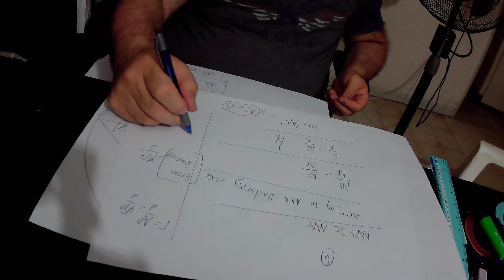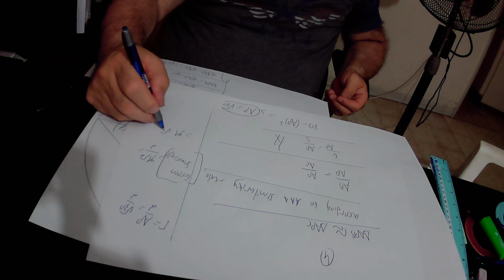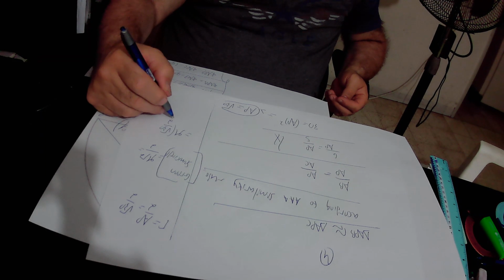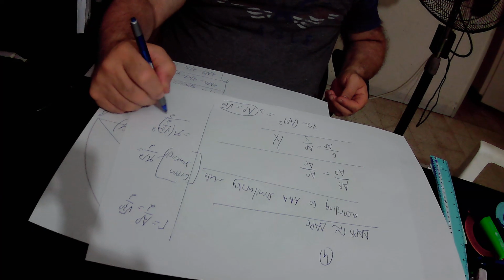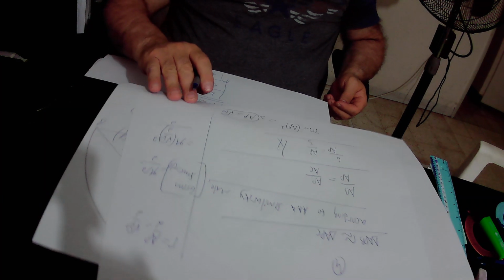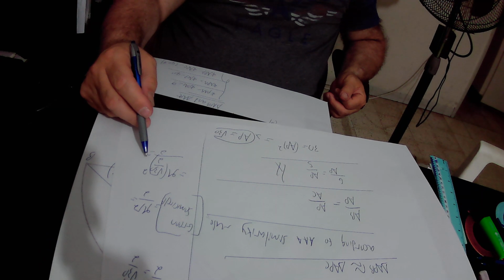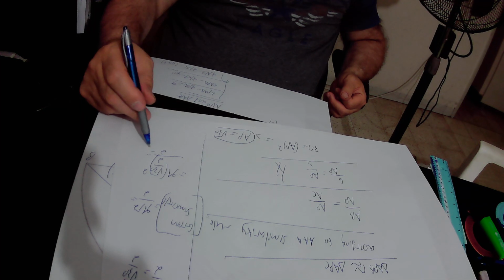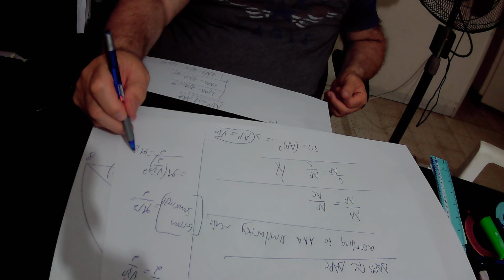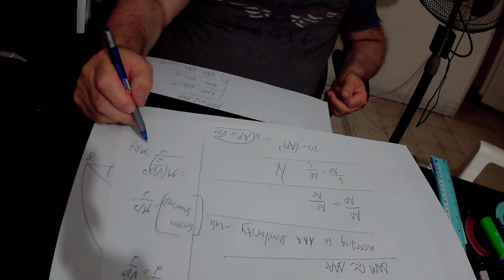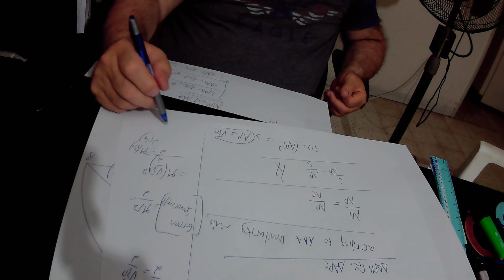So it is pi times r squared. r is equal to 30 over 2, and therefore r squared is equal to (30 over 2) squared divided by 2. So the area of the green shape equals pi times (30 over 2) squared divided by 2.